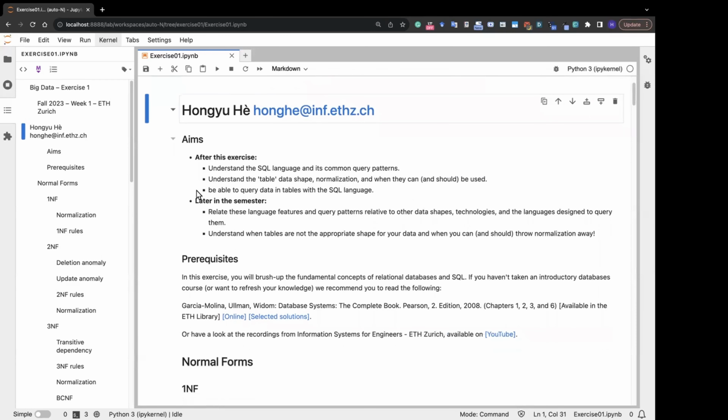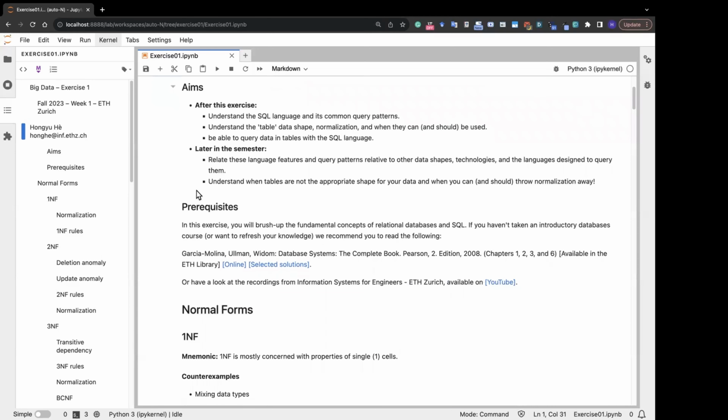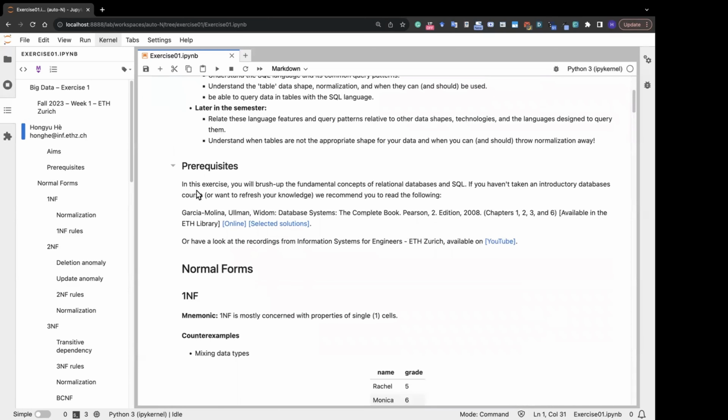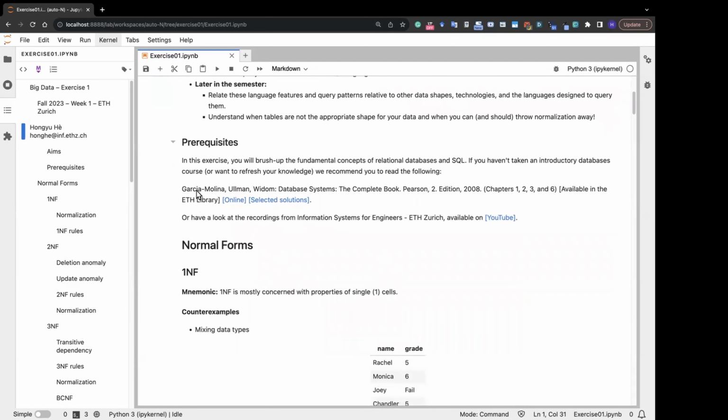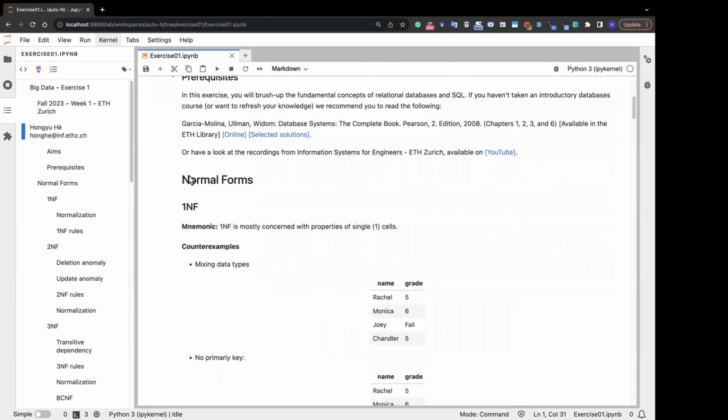I will briefly talk about the first normal form, because that was one of the things I found difficult when I was first studying it as an undergrad, and also when reviewing it for this course. In this course we will mainly talk about the first three normal forms.